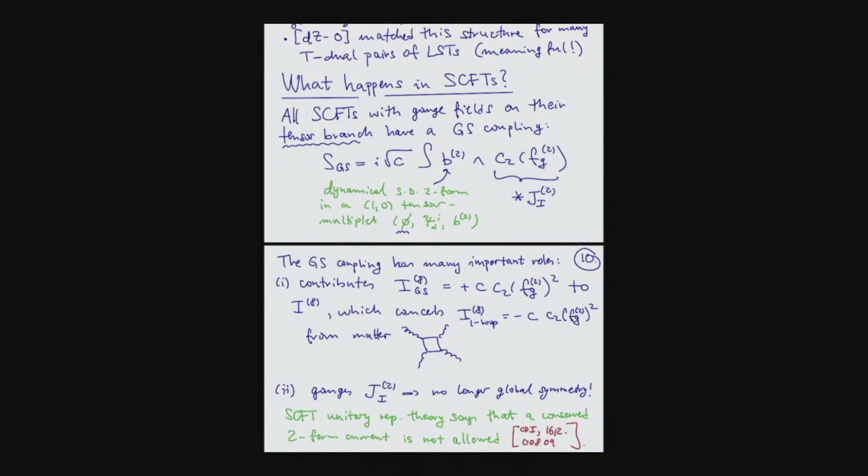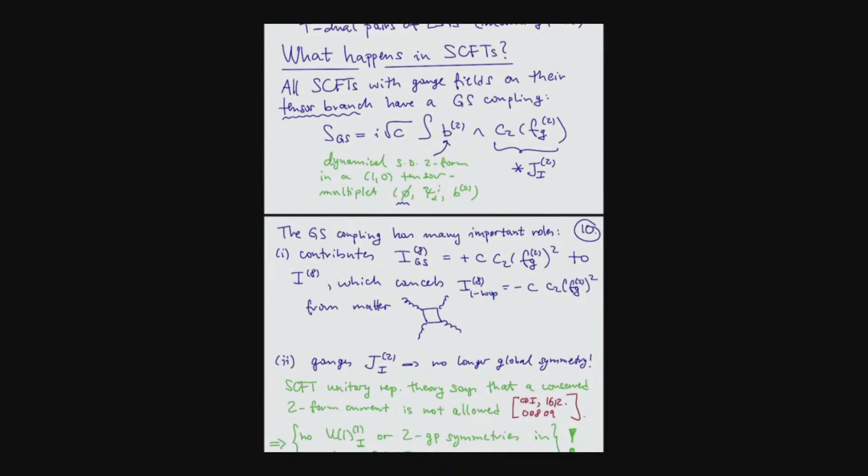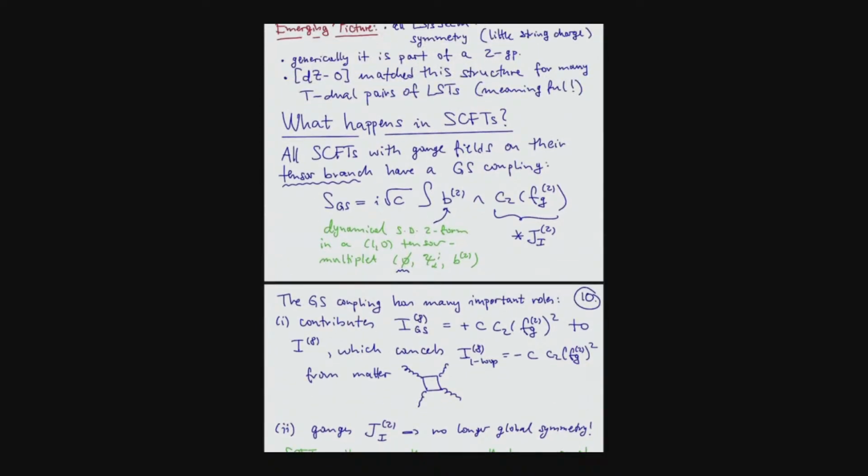So they are effective gauge theories at low energy. However, it turns out that whenever gauge fields occur on the tensor branch of a superconformal field theory, they always couple to the tensor multiplet in an interesting way.